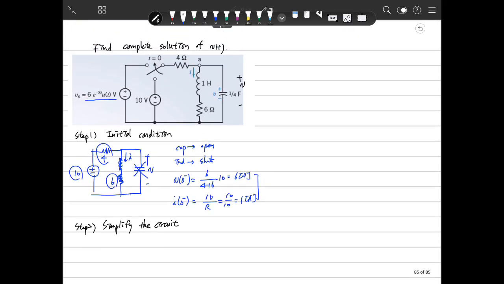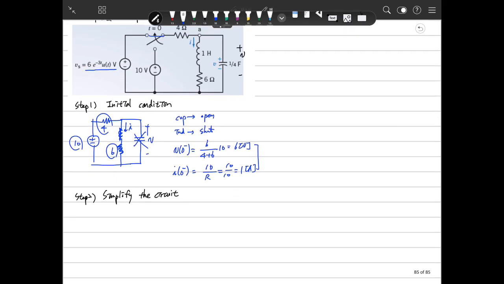Because the circuit changed over here, the circuit looks like this: here the Vs, and here a resistor, an inductor, a resistor and a capacitor this way. So this is the V, we know it. Then this is a 4, this is a 6, it's a 1 henry, and this is a 1/4 farad.